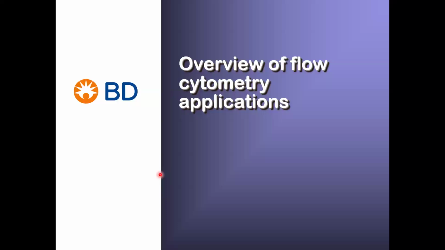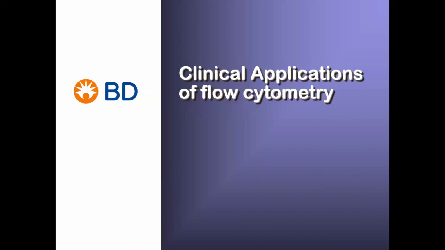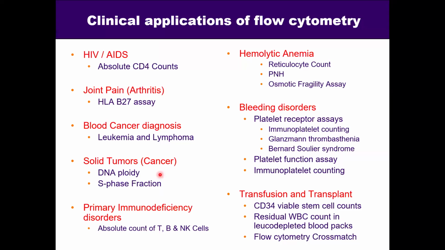Now, let's talk about the application part. I'm going to give you an overview of it. This is a brief look at the clinical side. Basically we have two applications: one is clinical, and one is for academia or research.